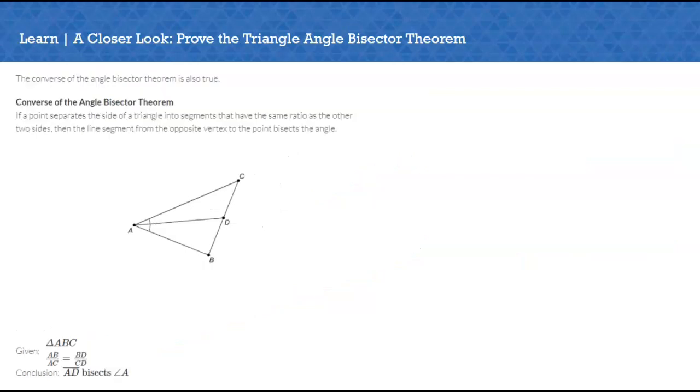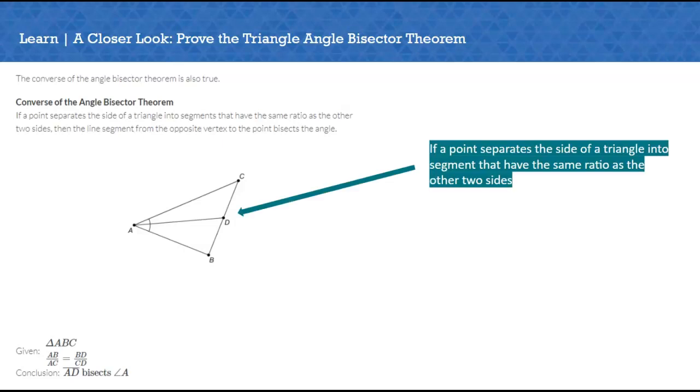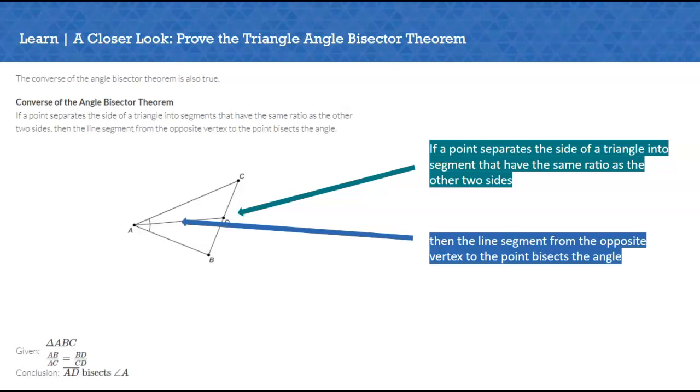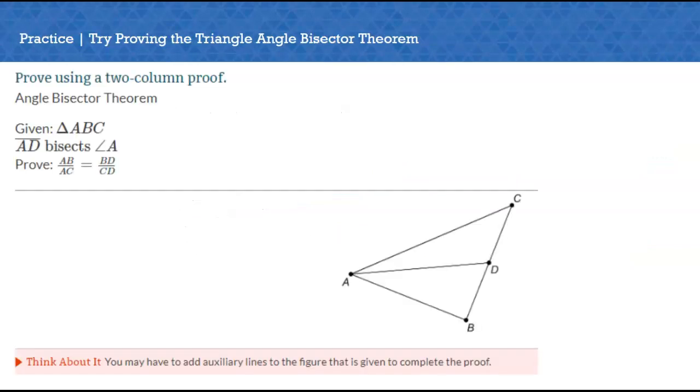Now the converse, the opposite, says that if a point separates the sides of a triangle into segments that have the same ratio as the other two sides, then the line segment from the opposite vertex to the point bisects the angle. All right, so let's see how this works.